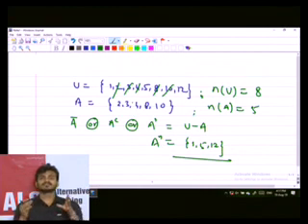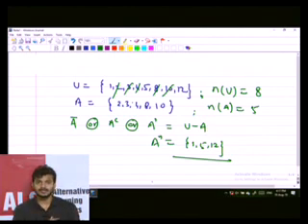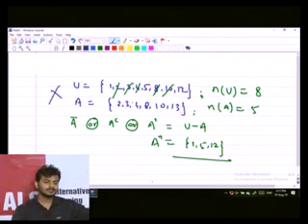Always remember, the universal set is something which consists of all the elements of the given set. Suppose A: apart from A, there will be some other elements. But you cannot have A containing 13 if U does not have it. That is not a practically possible situation.